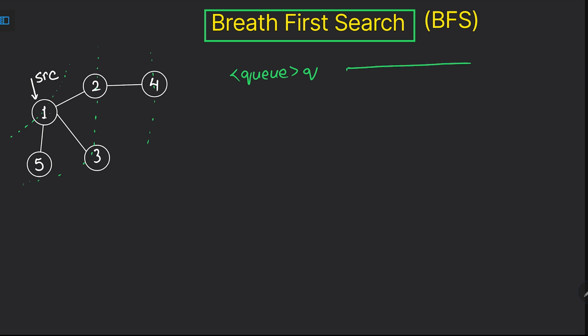This is our queue, and another is array indexes, which will be equal to size of the vertex. And initially we will represent all these indexes with false.